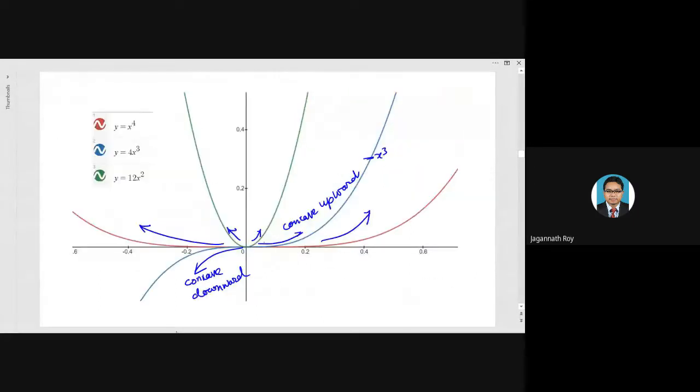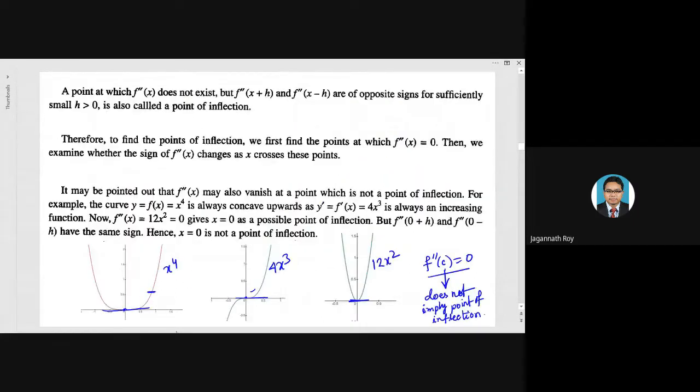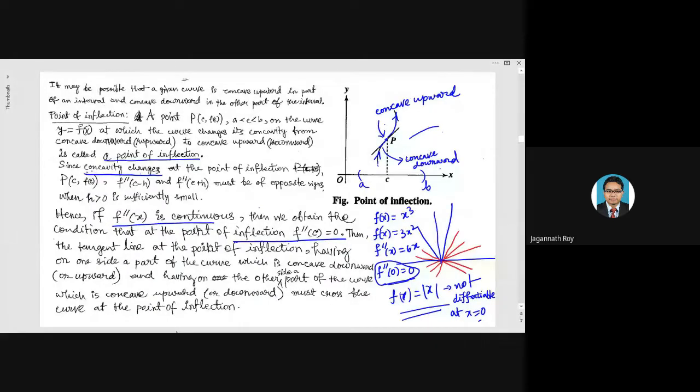So here, if you go through these three examples, you will look at this point actually.